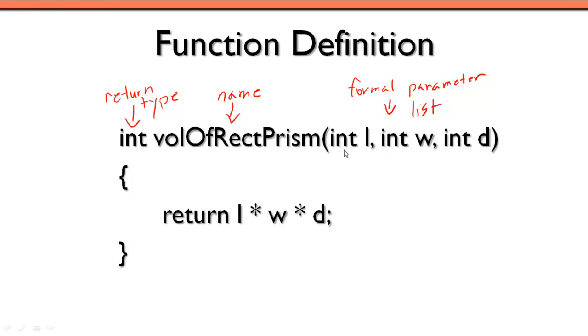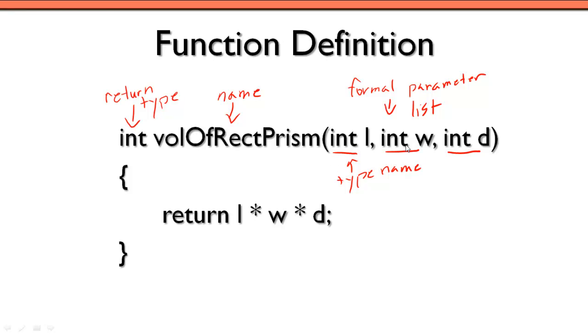You'll notice that we actually have 3 formal parameters listed out, and they're separated by commas. Each one of them has a type and a name. So we're specifying a type and a name for each one of these formal parameters. It's not unlike what we do whenever we declare a variable. And what we're actually doing is declaring a variable here that can be used inside of this particular function. So you can make use of L, W, and D, as we'll see inside the function body.